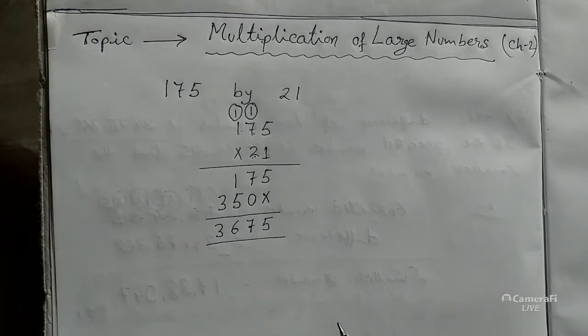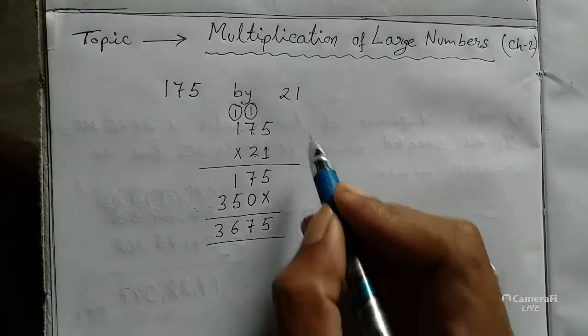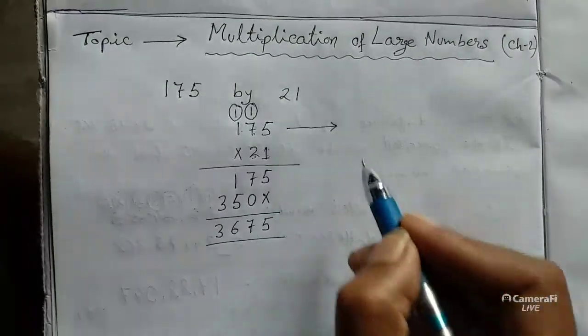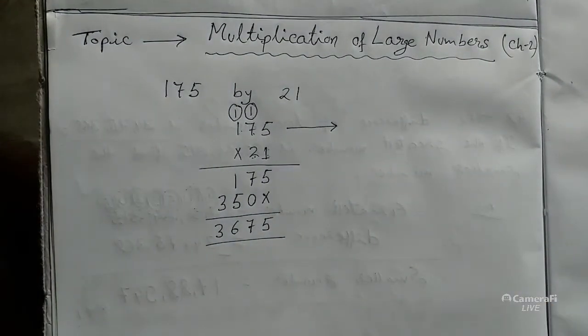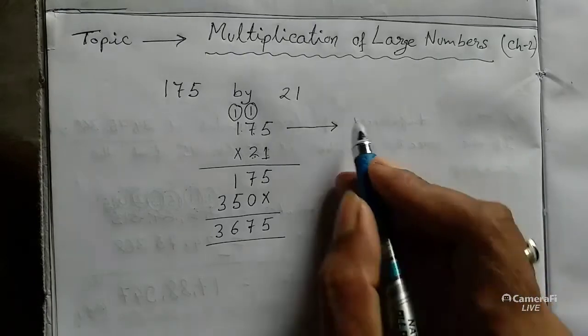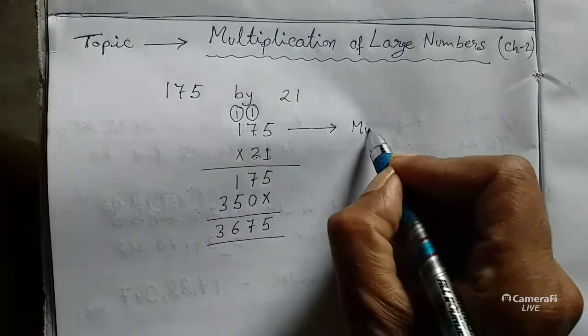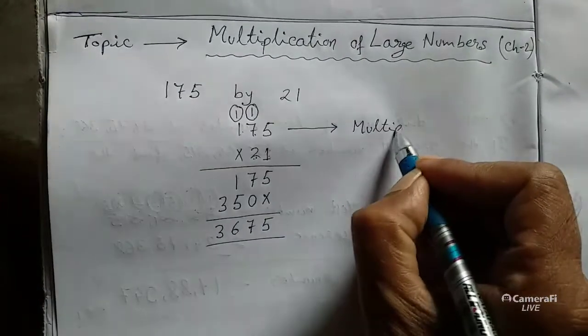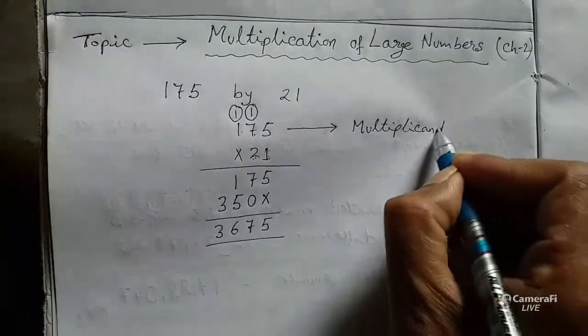Now in a particular multiplication there are 3 terms related. These terms are: first one here, 175. This number which is multiplied by a number is called the multiplicand.